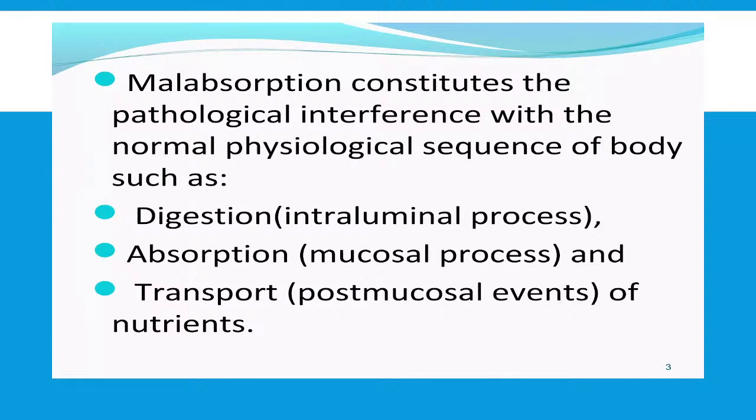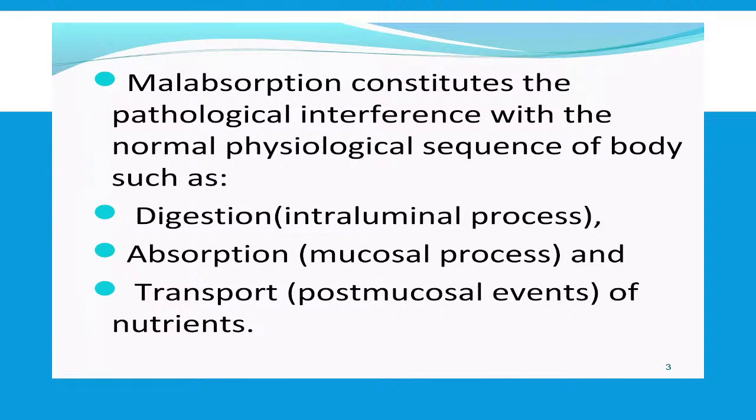Malabsorption constitutes the pathological interference with the normal physiological sequence of the body, such as digestion, which is an intraluminal process. Then second thing is absorption, which is a mucosal process, and transport, which is a post-mucosal event of the nutrients. So basically the absorption occurs in three parts. First, there is digestion, which is an intraluminal process.